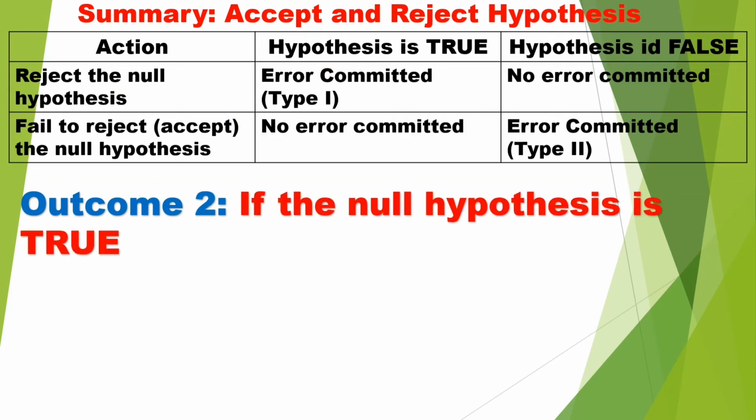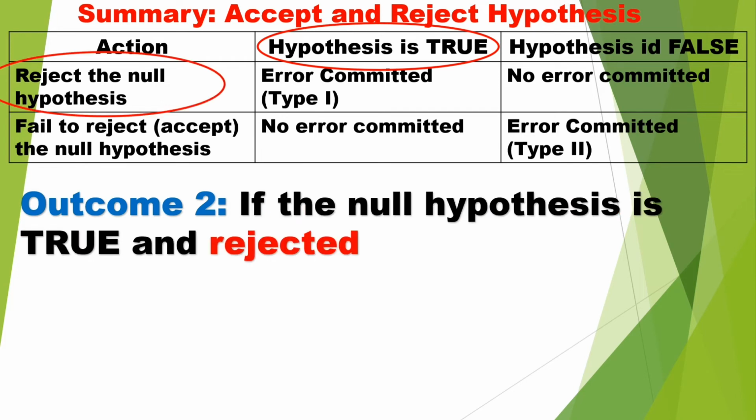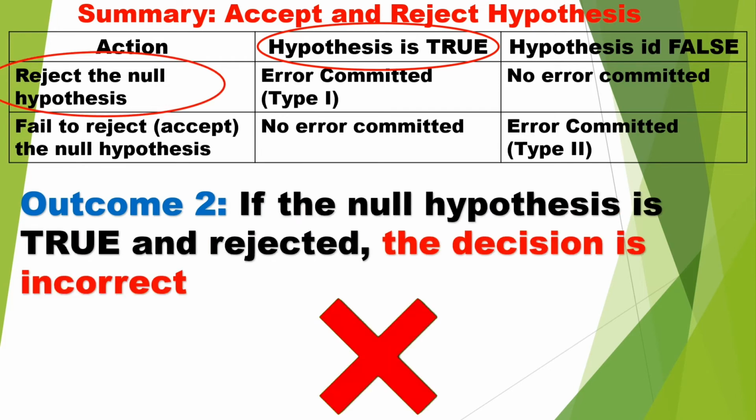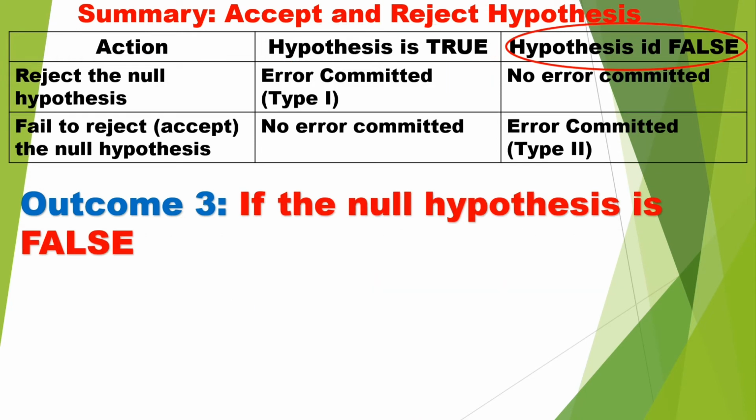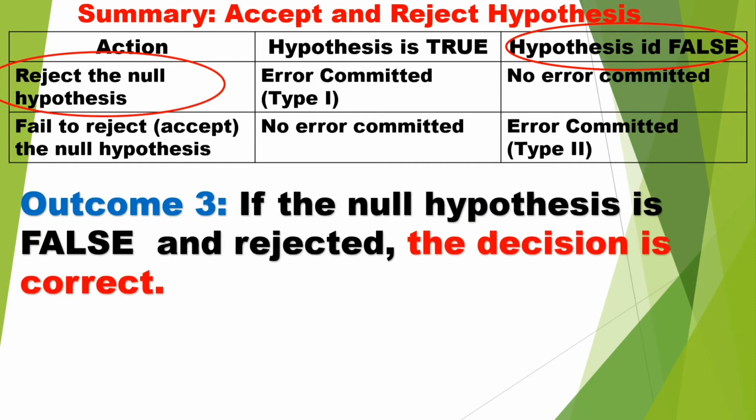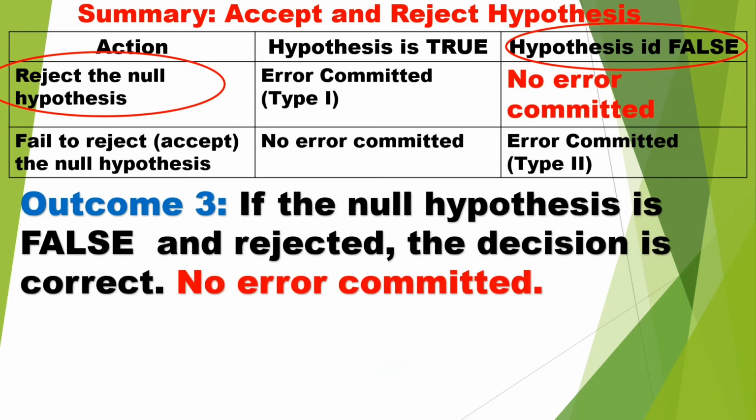Outcome number 2. If the null hypothesis is true and rejected, the decision is incorrect, a type 1 error is committed. Outcome number 3. If the null hypothesis is false and rejected, the decision is correct, no error is committed.